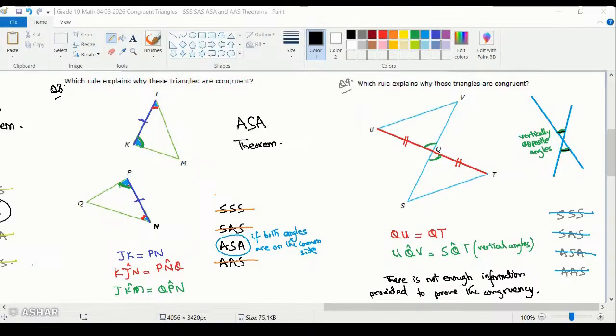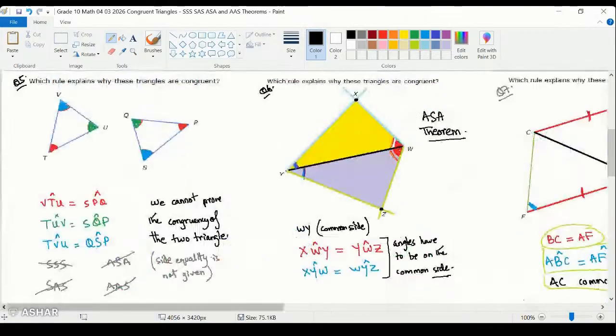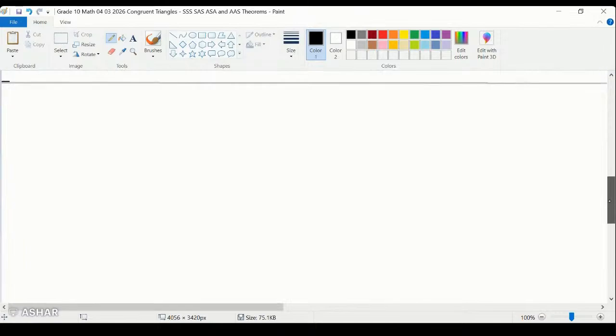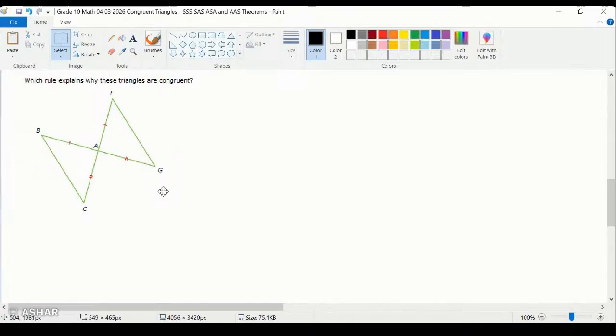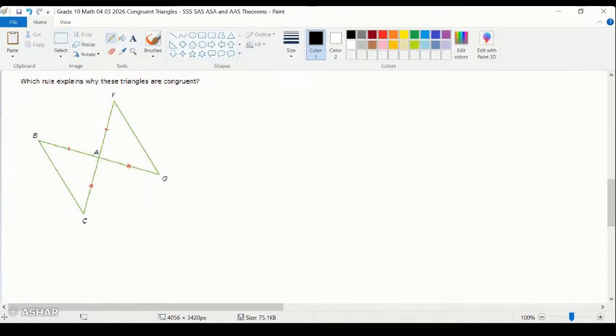For the next question, question number 10, it tells if this is given to us, which rule explains why these triangles are congruent or not? Hi, Yusuf. What we are looking at is congruency right now, right?